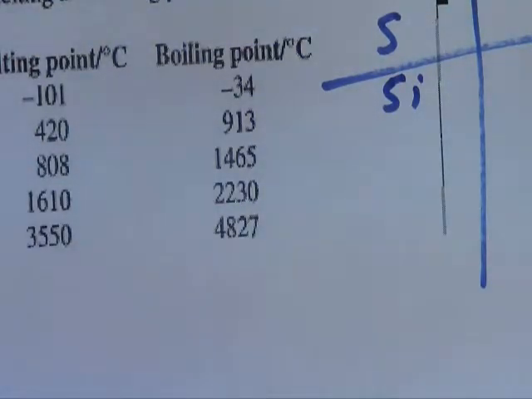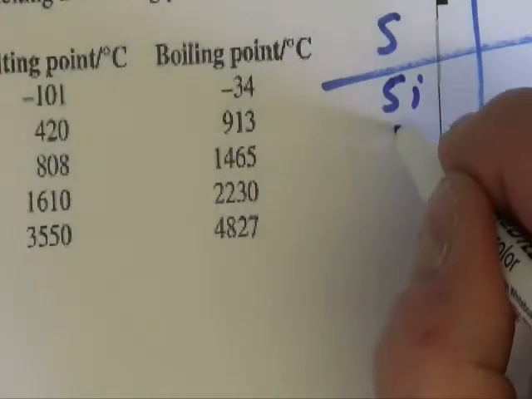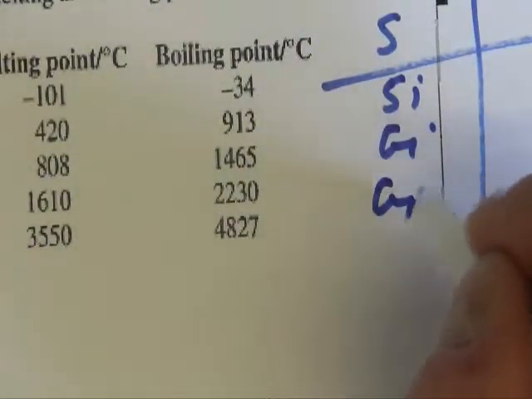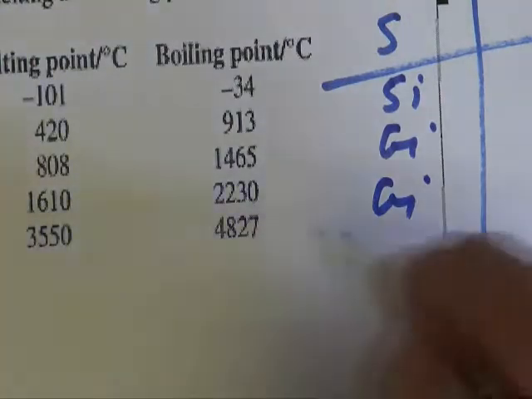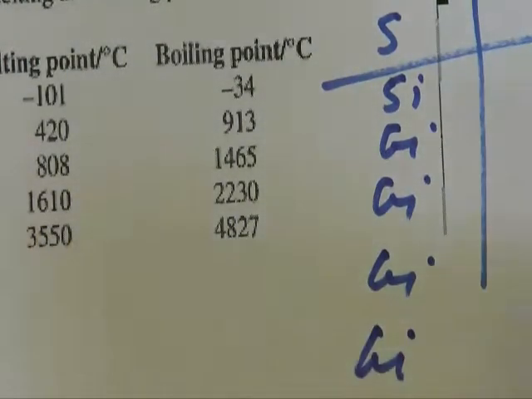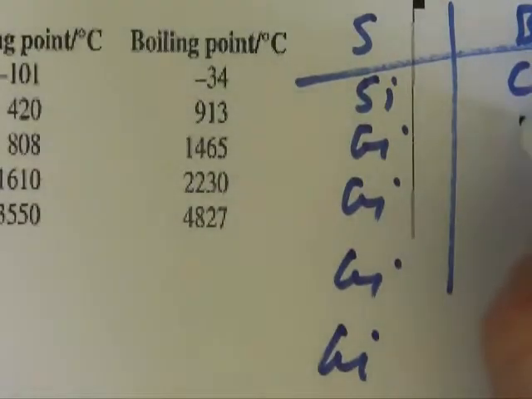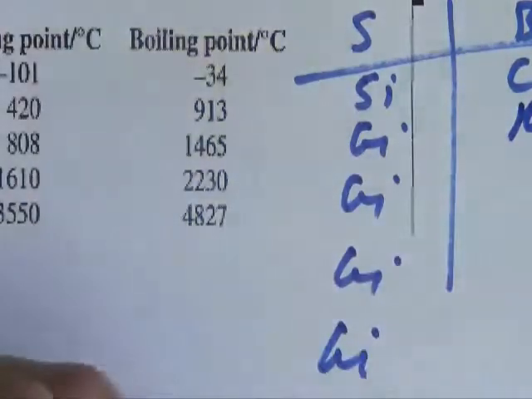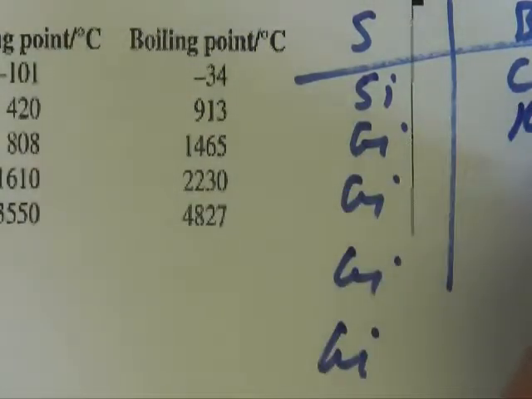Okay, zinc is giant. Sodium chloride, high melting point, is giant. Very high melting point again is giant. Diamond is giant. Okay, zinc you should know is pure metal, so its bonding is metallic. Sodium chloride you should know is a metal and a non-metal, so its bonding is ionic.